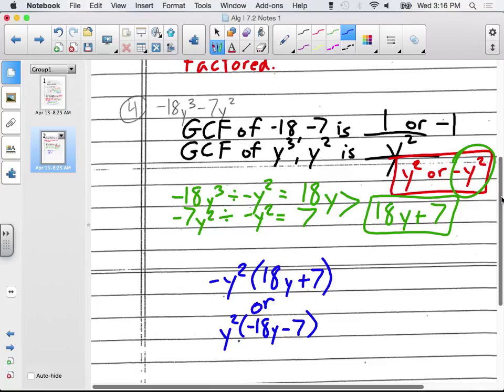All right. Anyone have any questions about what we just went over? So for this method, when your greatest common factor is 1, what's going to happen to our starting polynomial?